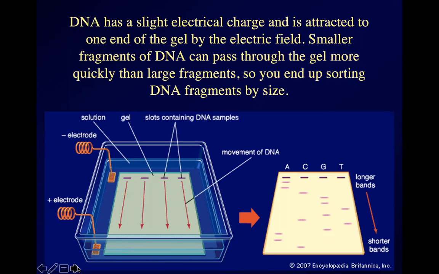Even if we cannot see the DNA itself, we can take a swab from a crime scene, copy the DNA in it many, many times over. That's called DNA amplification, and then sort the size of the fragments that we get by using this gel electrophoresis.